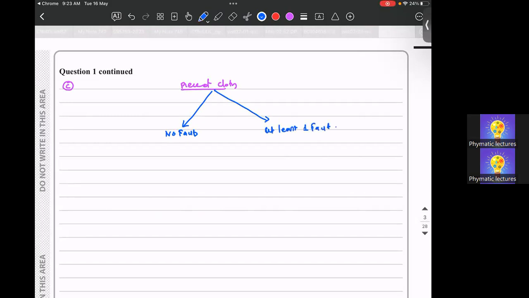If it is 1 fault, 2 faults, 3 faults, all these categories come under fault, correct? She has to bear the loss.